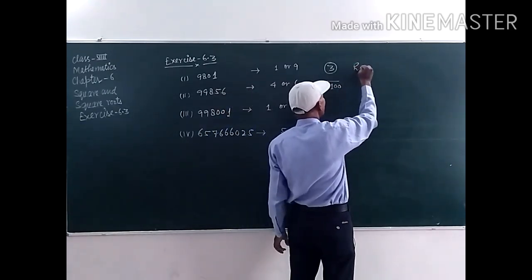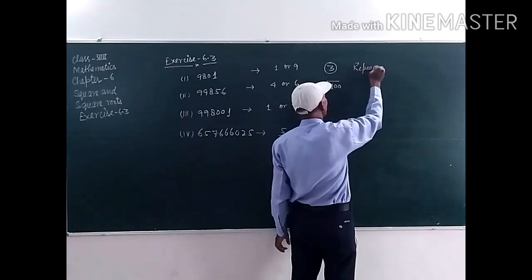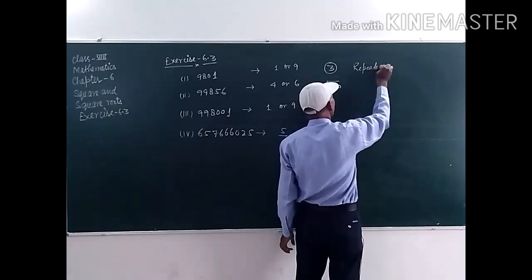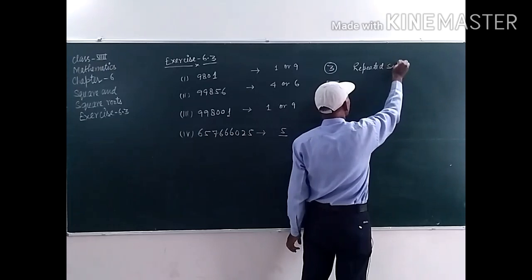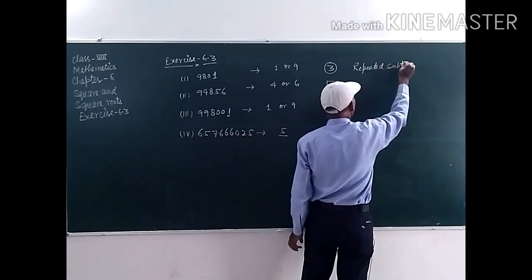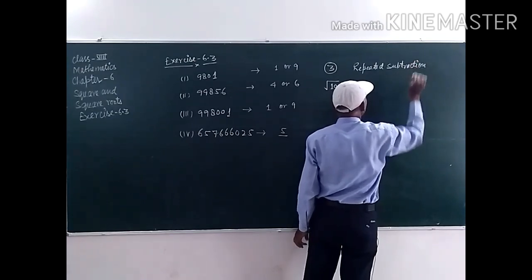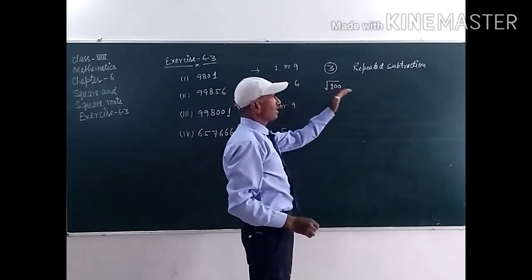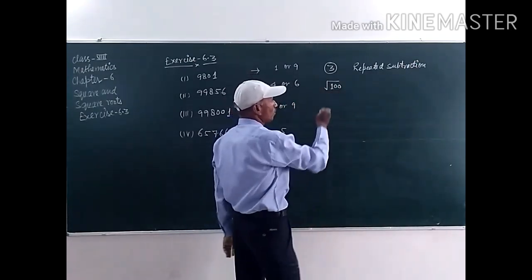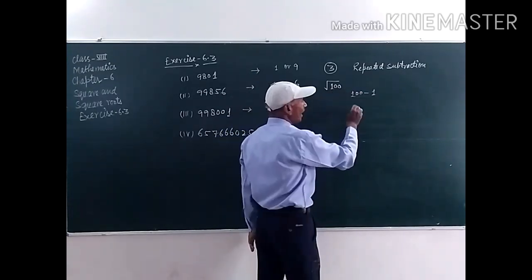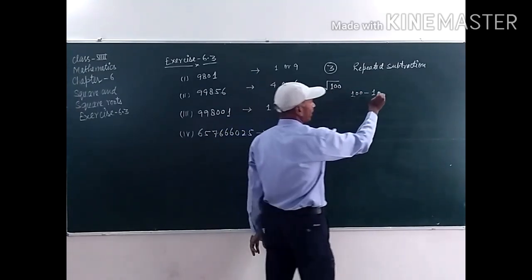Using repeated subtraction method, we have to find out the square root of 100. So first of all, you have to subtract 1 from 100.